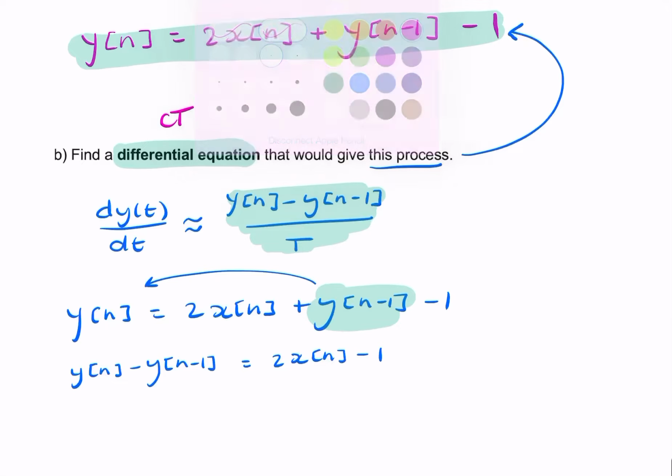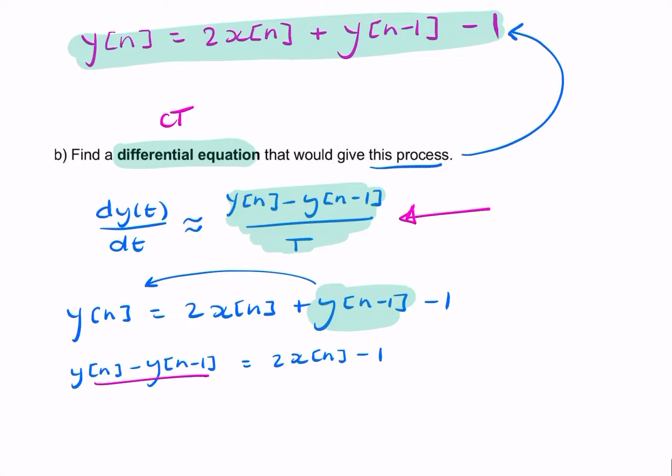And what we're looking for is something that looks like that. So if I were to divide both sides by T, and I'm allowed to do that, T being the time between samples, I now have this, which is what we said we can replace with dy by dt, or a continuous time signal y of t. So that is our approximation.